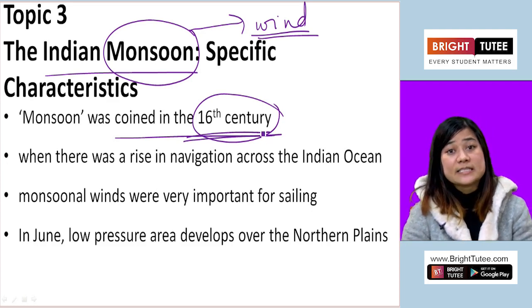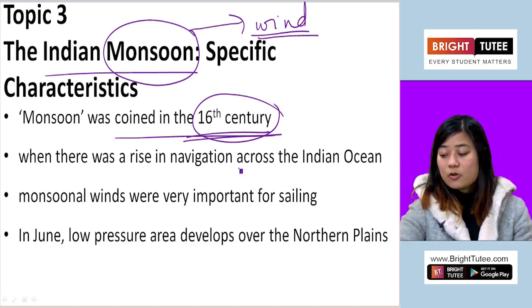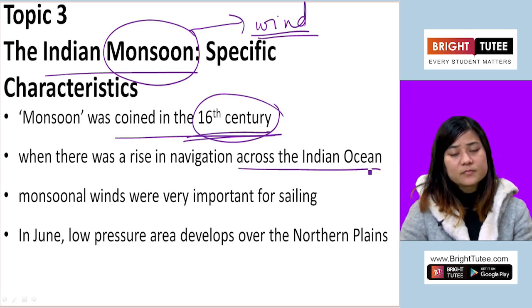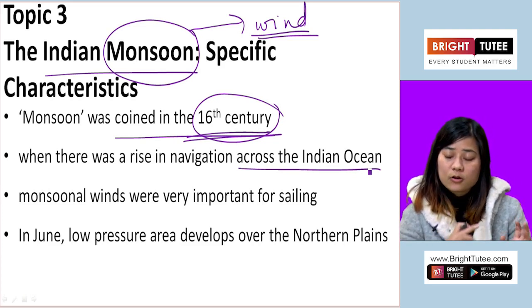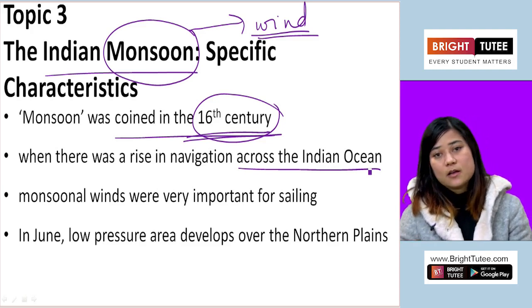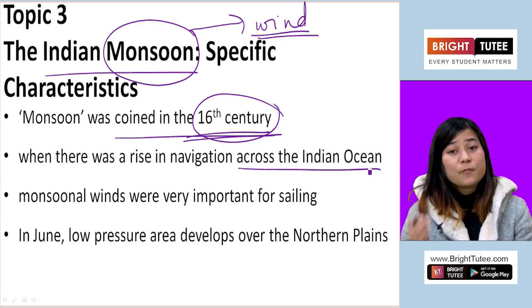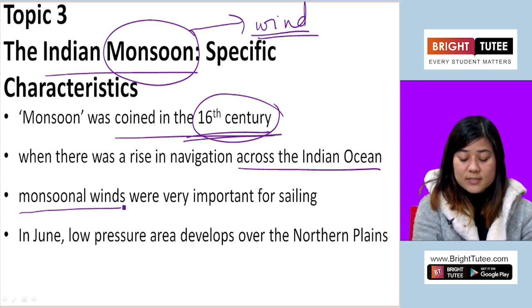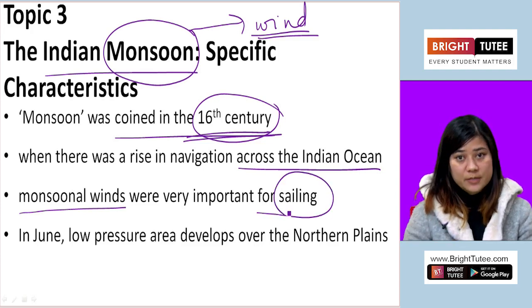During the 16th century, there were many sailors and merchants trying to navigate across the Indian Ocean. Lots of ships were coming across the Indian Ocean to trade in India, Southeast Asia and other countries. For them, monsoonal wind was very important for sailing their ships.